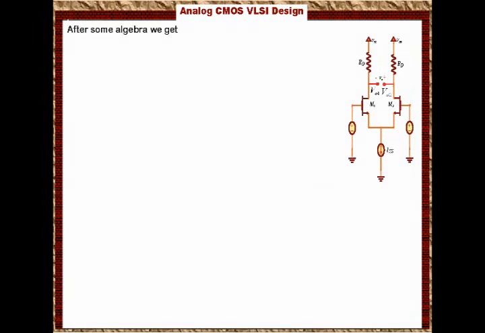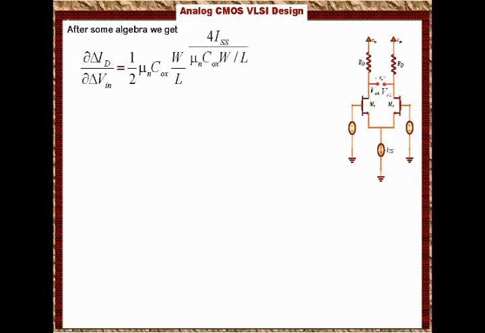After some algebra we get the partial of delta ID over the partial of delta Vn equals 1/2 mu n COX W over L times (4 ISS over mu n COX W over L minus 2 times delta Vn) over the square root of (4 ISS over mu n COX W over L minus delta Vn squared).